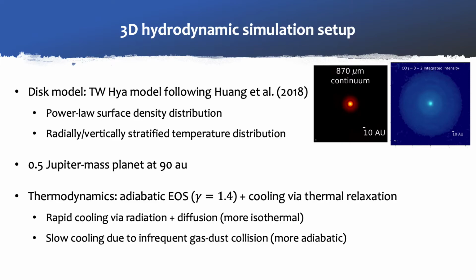But if you are near the surface, because dust grains are settled down to the midplane, you don't have sufficient grains to collide. And that's the idea behind this slow cooling model. So because of the infrequent gas-dust collisional rate, the cooling of the gas can be limited. You can think of this as a more adiabatic simulation because cooling is very slow.